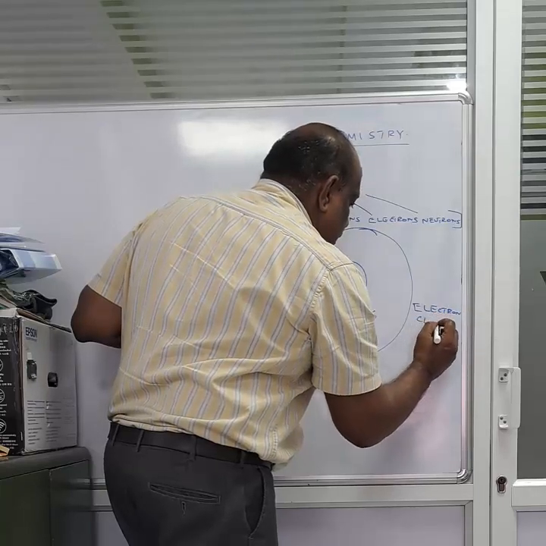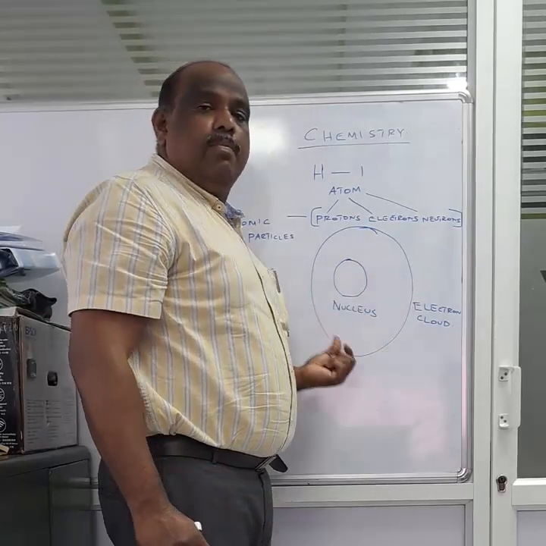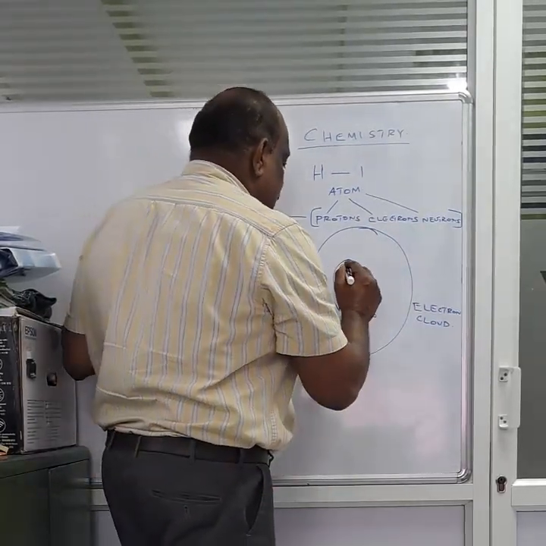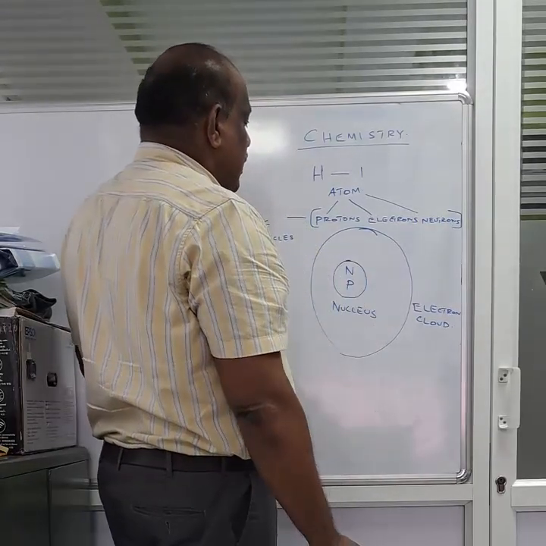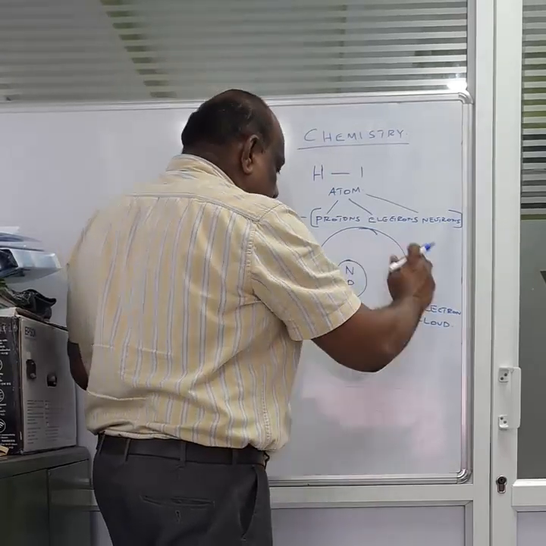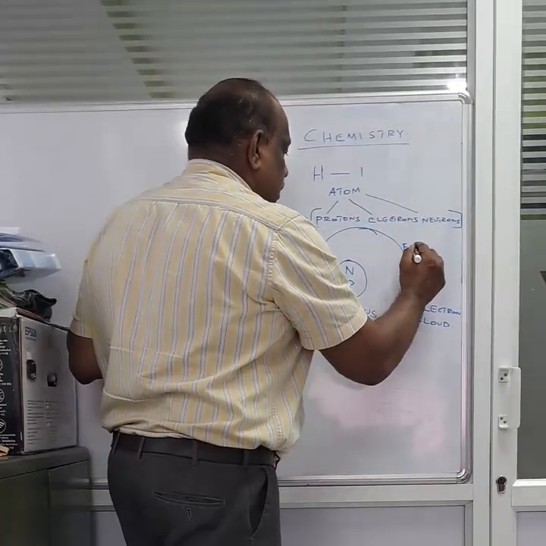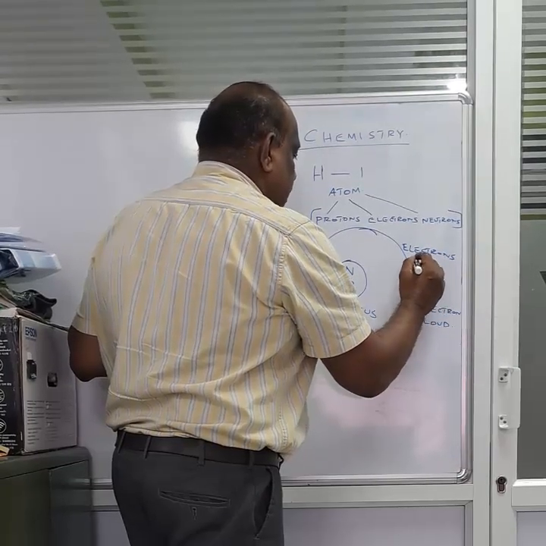Not only the hydrogen atom, any atom is made up of a nucleus followed by the electron cloud. In the nucleus, we have neutrons and protons, and in the outer orbitals or orbits, we have the electrons.